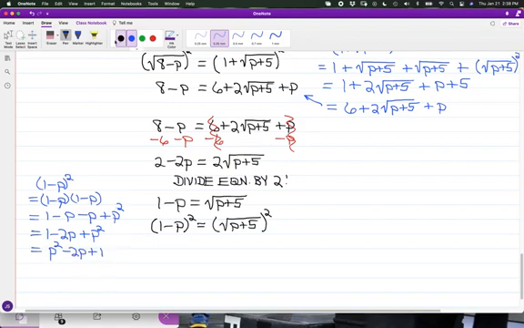Okay, so in the rewrite, we have p squared minus 2p plus 1 is equal to the square of the square root of p plus 5. So this will go to p plus 5. Now we have a quadratic equation that is not yet in standard form, but I can make the adjustments here by taking both p and 5 away from both sides.